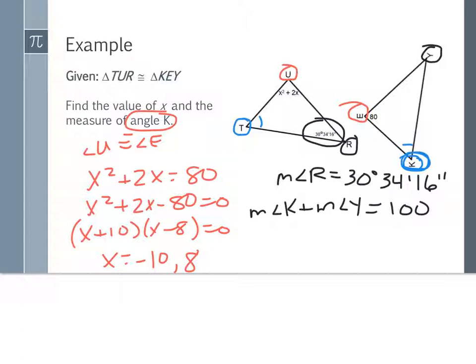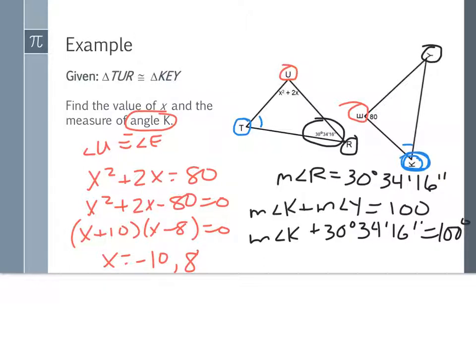Since Y and R are the same measure, I could just substitute R for Y anytime I see it. So the measure of angle K plus 30 degrees, 34 minutes, 16 seconds is equal to 100 degrees.